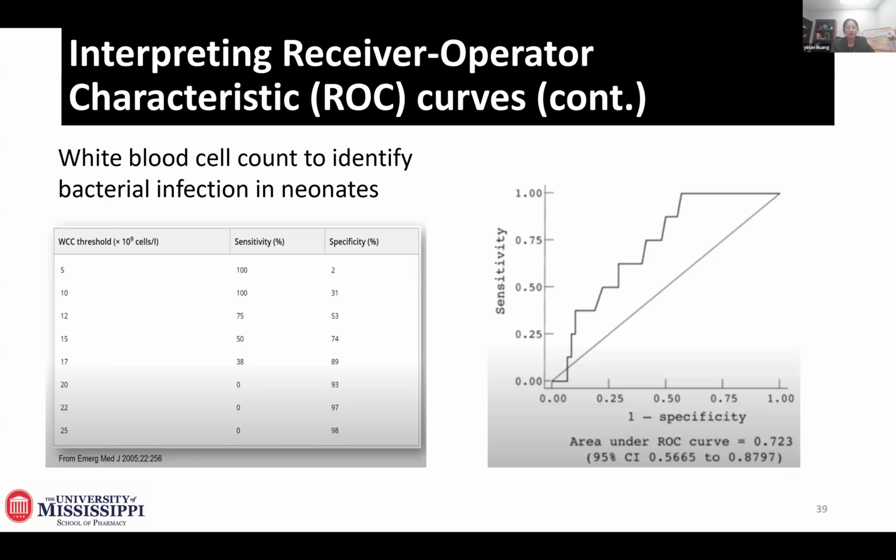And in one study, we have the white blood cell count to identify bacterial infection in neonates. If we have different thresholds, we obtain different sensitivity and specificity. And for each set of them, we can obtain one ROC curve.